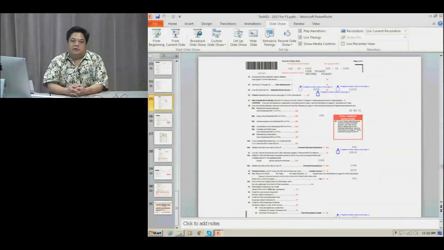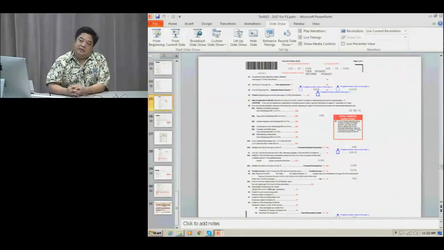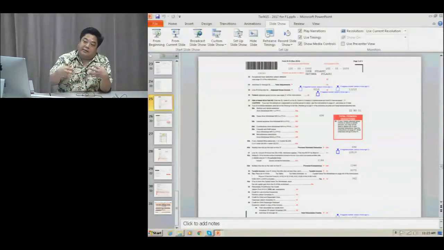A simple example: if you make $1,000 a month and you have insurance of $100, because it's pre-tax, your total income is $900. The university wouldn't consider your income as $1,000. Pre-tax means $100 is taken out for your insurance before they start the tax calculation. So the tax is on $900, and therefore your gross income is $900 versus $1,000.